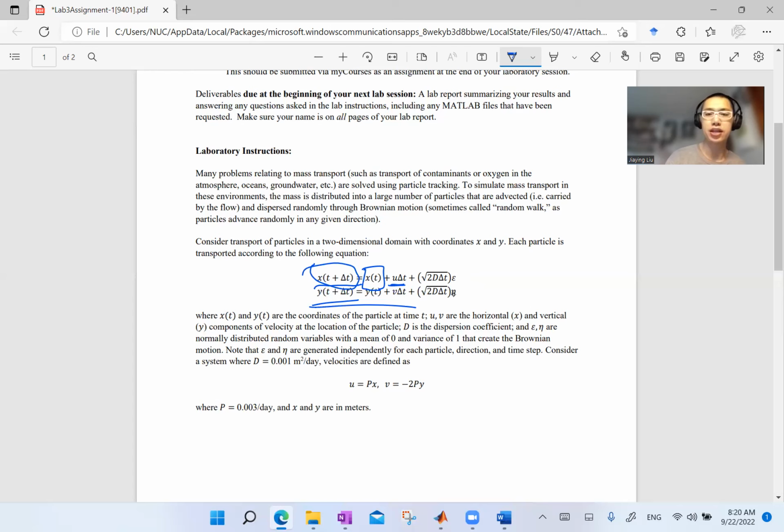The velocity in the X direction, U, is given by Px, and the velocity in the Y direction, V, is given by this. We also have the dispersion coefficient D, which is given, and the epsilon and the eta, which in this case are just random distribution factors. They give the particle a certain variation to move around in the location it is.